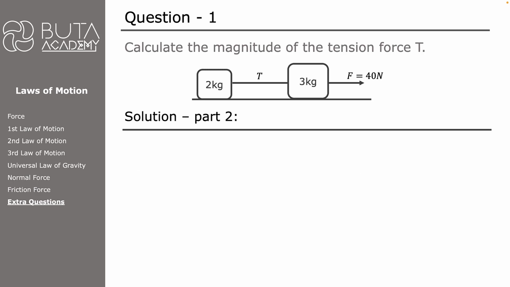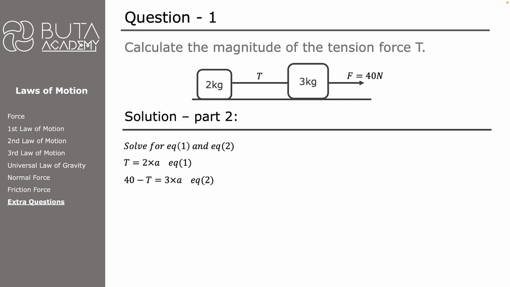We have two equations now. Let's solve an equation system for these two equations. In equation 1, T is equal to 2 times acceleration. In equation 2, 40 minus T is equal to 3 times acceleration. We have two equations with two unknowns, tension force and acceleration.